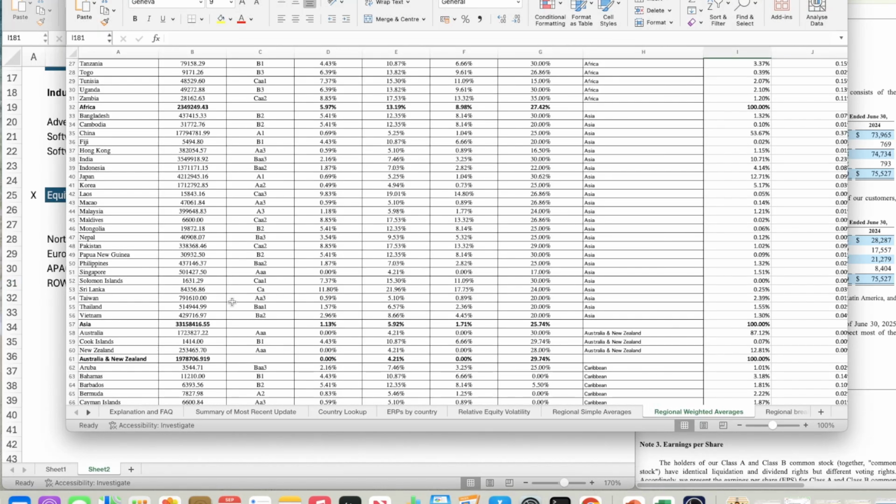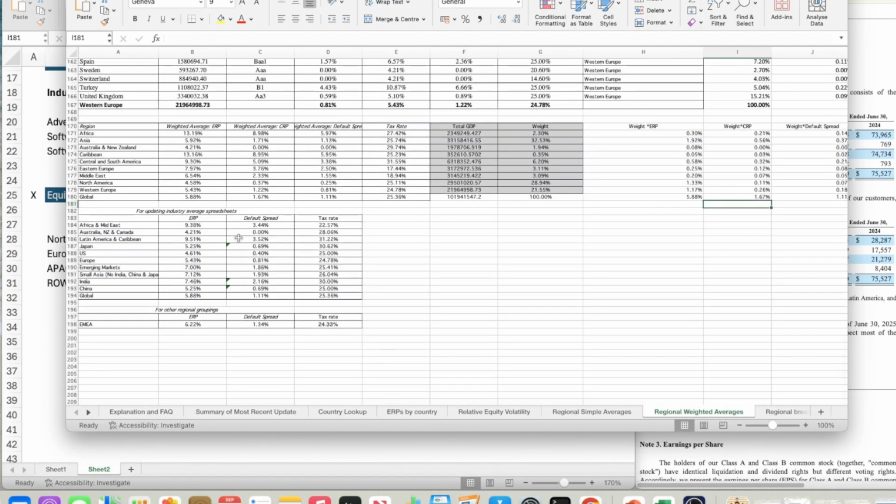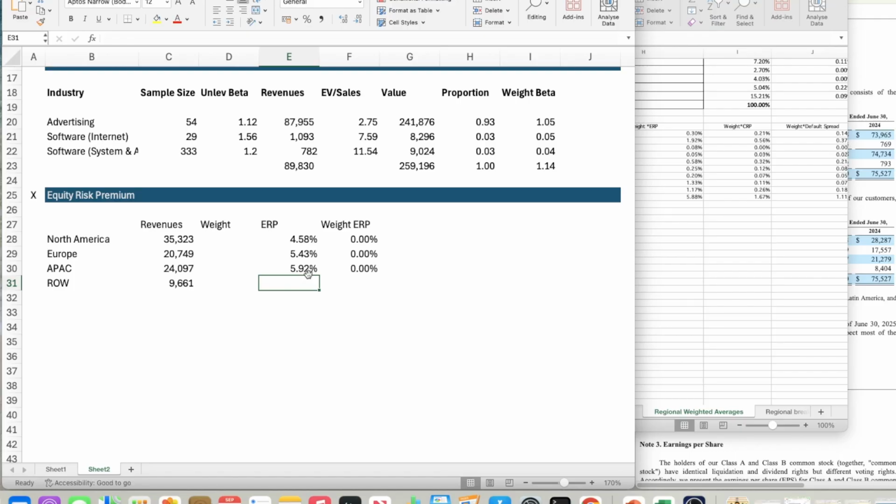Because remember, it includes the Middle East, and it also includes Latin America. 9.38. Yeah, I think maybe let's call it 9.45. Let's meet it in the middle.